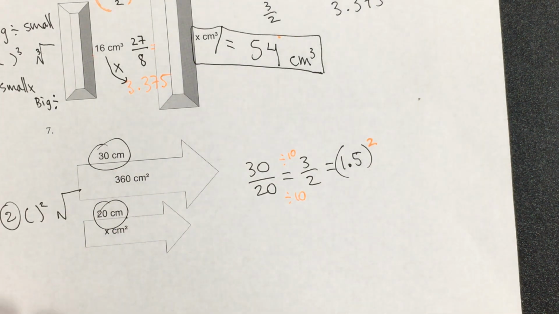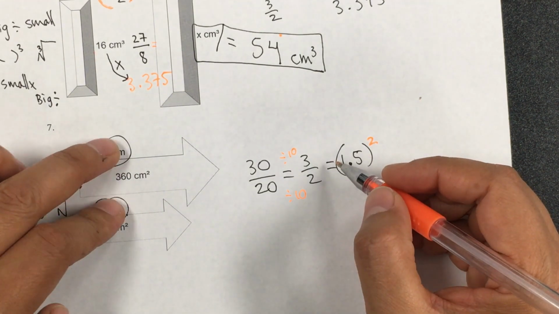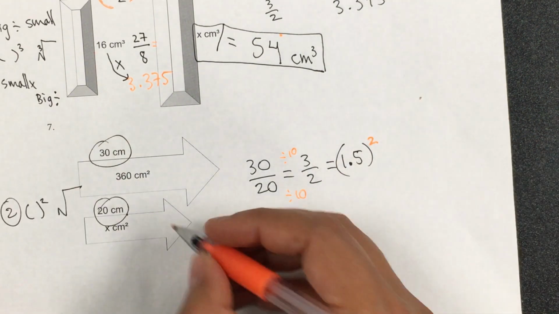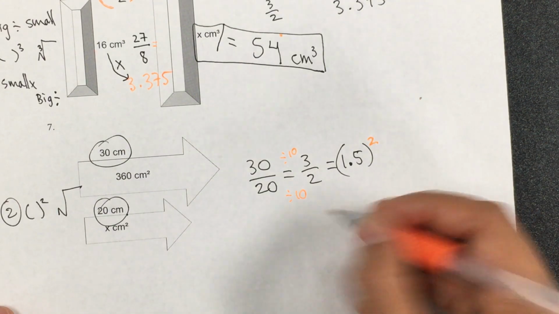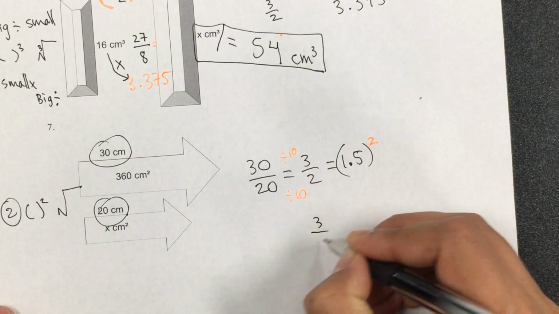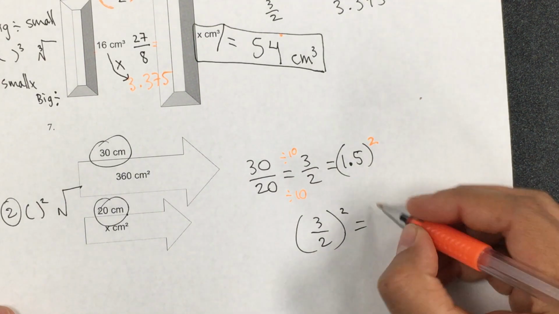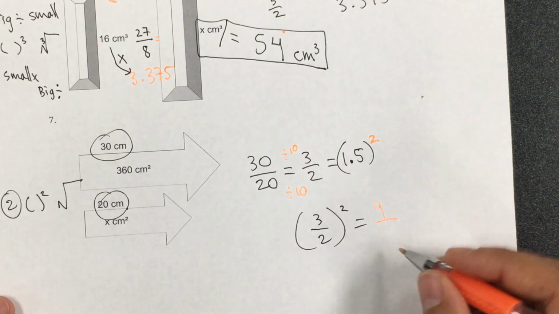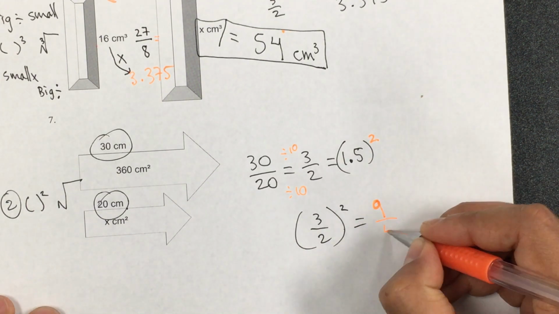Okay, we'll see it with the next example for that part. But again, these don't have the square, so you square it to find the other number. So if you decide to use the fraction, it's 3/2. Square that is equal to 3 times 3 is 9, and 2 times 2 is 4.